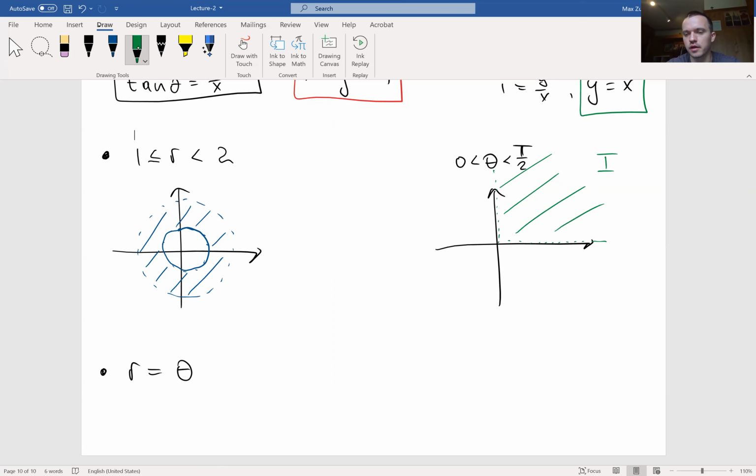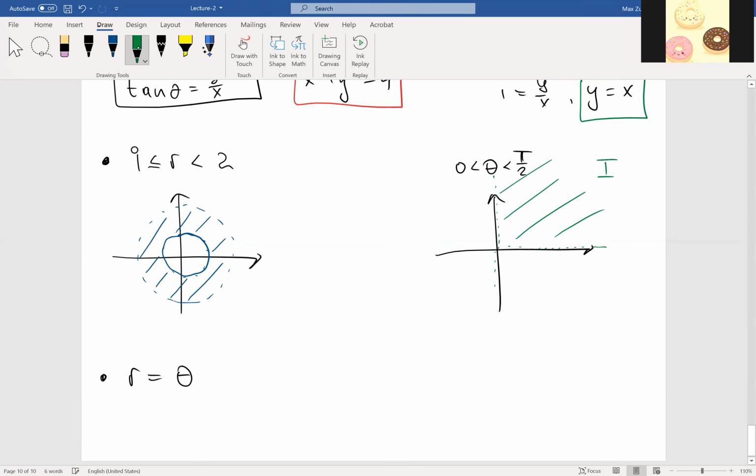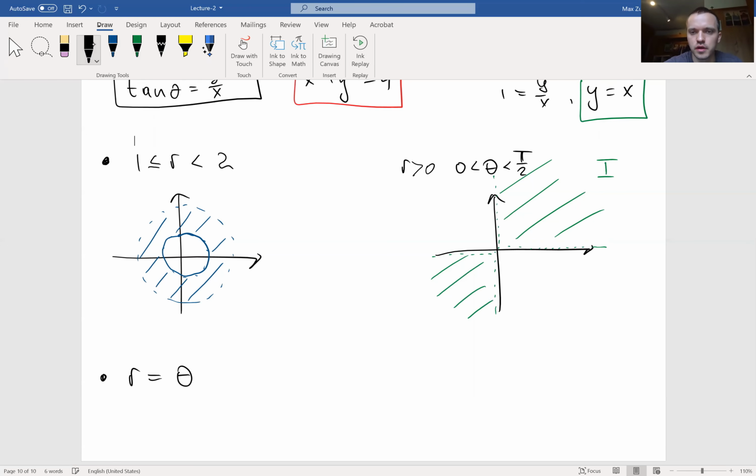And can anyone tell me what else are we going to have? The third quadrant? Yeah, the third quadrant also. Because if you allow r to be positive and negative, then we're going to have the third quadrant. So if I want just the first quadrant, I need to specify that r is strictly bigger than 0, just to get the first one.